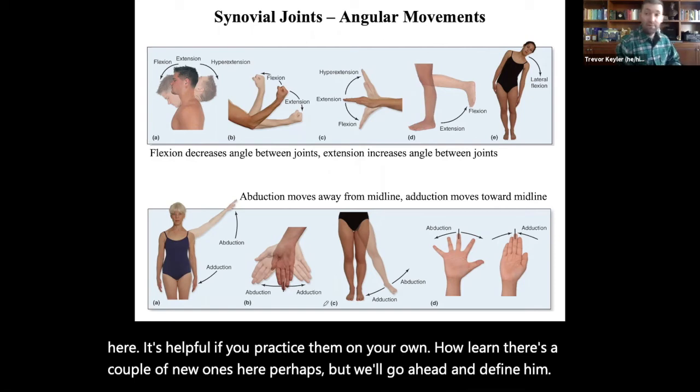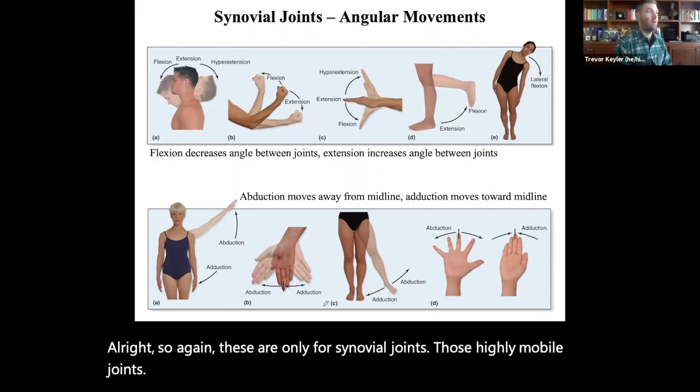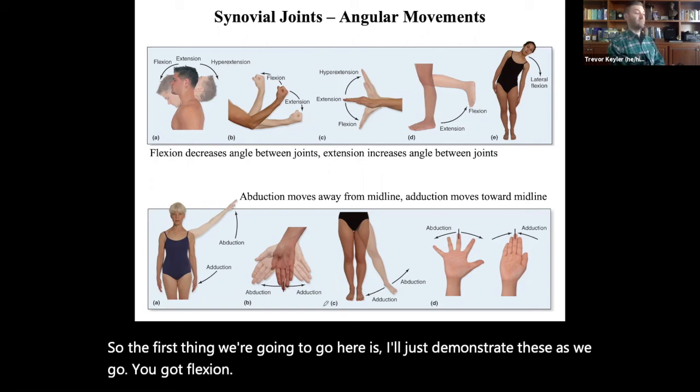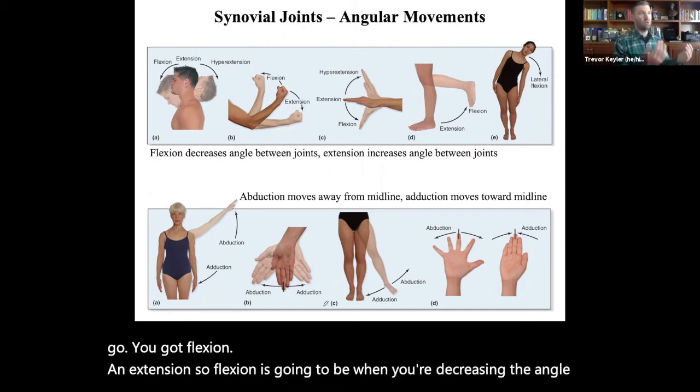All right, so again, these are only for synovial joints, those highly mobile joints. The first thing, I'll just demonstrate these as we go, is flexion and extension. Flexion is when you're decreasing the angle between two bones.